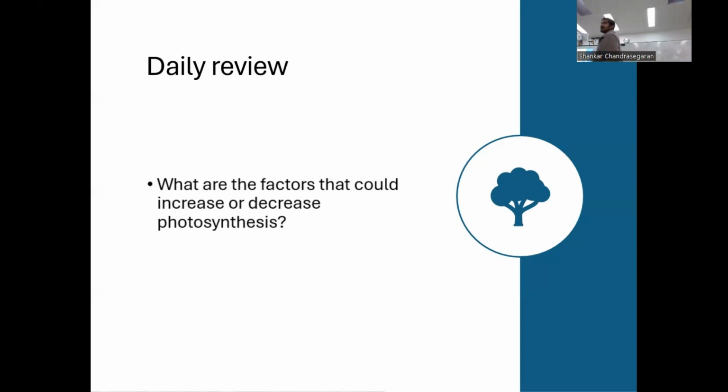And can I get another factor that affects photosynthesis, Janita? pH level. And Abi, another one? Substrate concentration. So rather than saying substrate concentration, you should say CO2 levels, right?